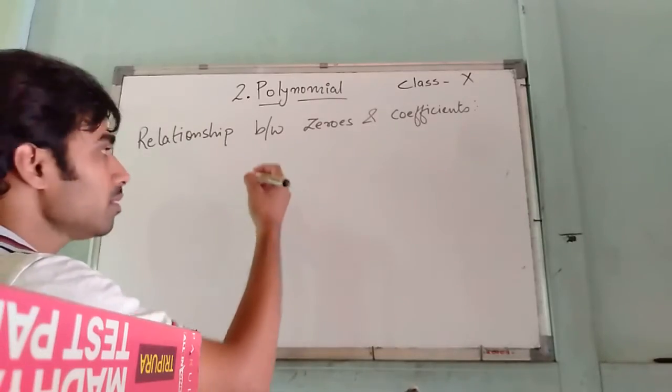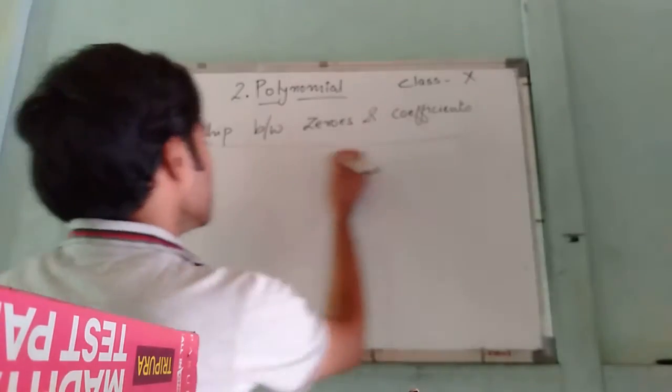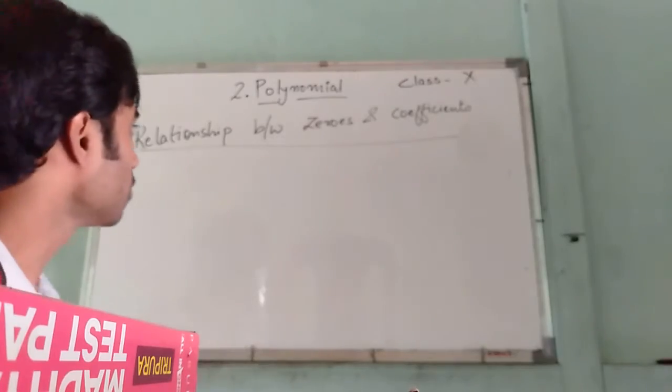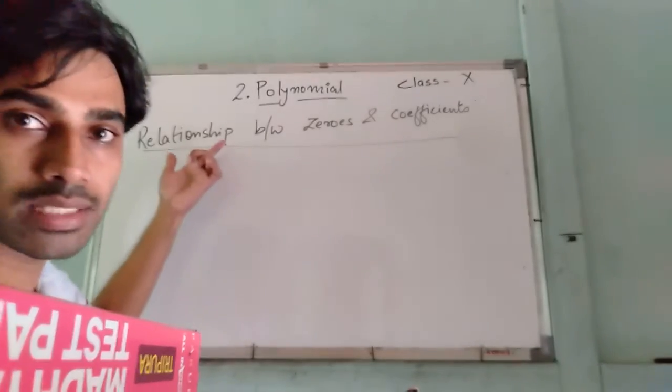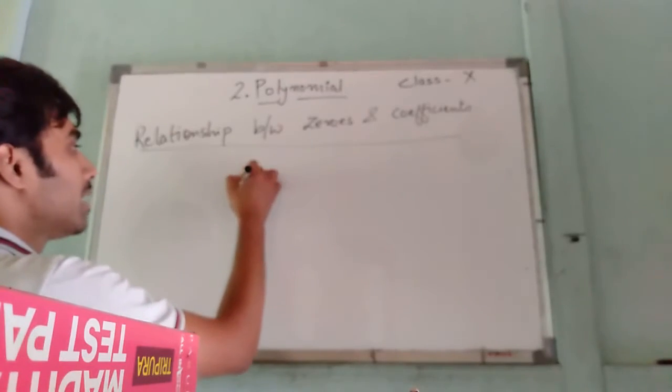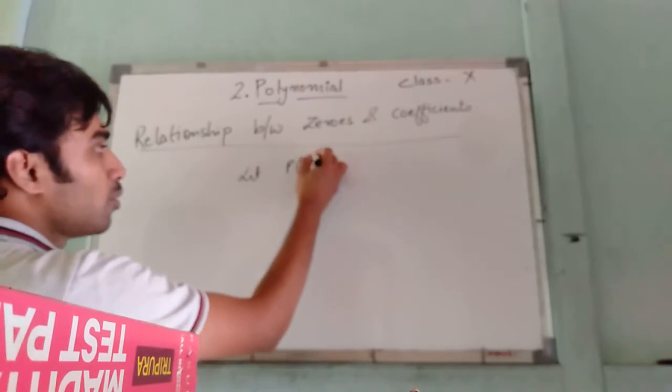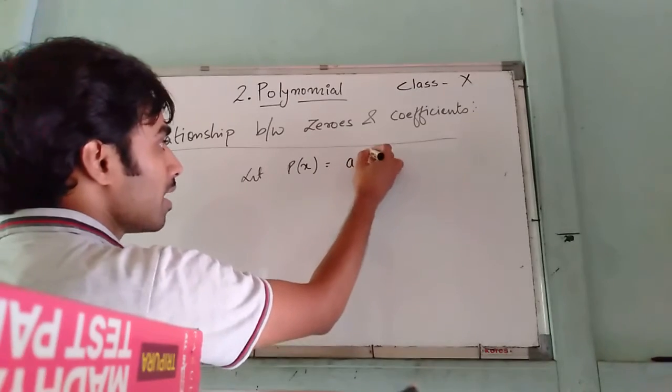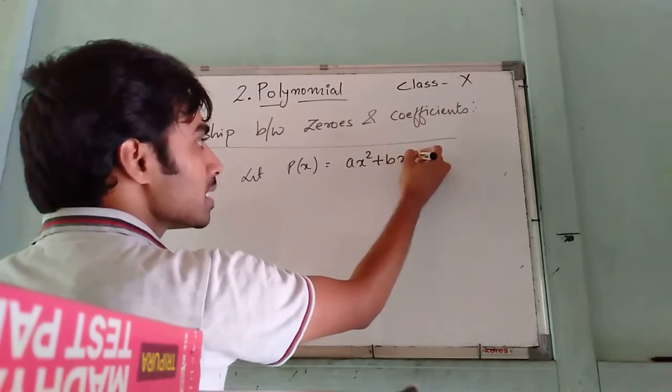This is the heading. Now we are going to discuss the formulas. As you know, relationship means formulas based on zeros and their coefficients. So let the polynomial in terms of x be ax square plus bx plus c.